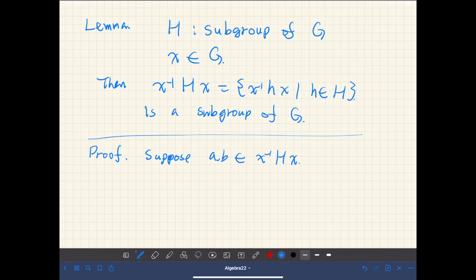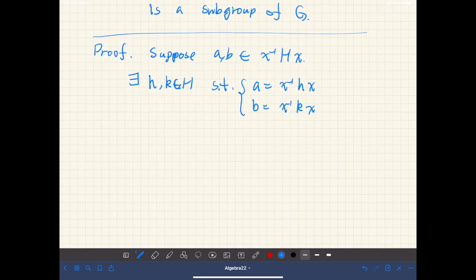Then what this means is that there exist some elements, say H and K, in the subgroup H, such that A is equal to X inverse HX and B is equal to X inverse KX. Okay? Because that's what it means to be elements of this subset.